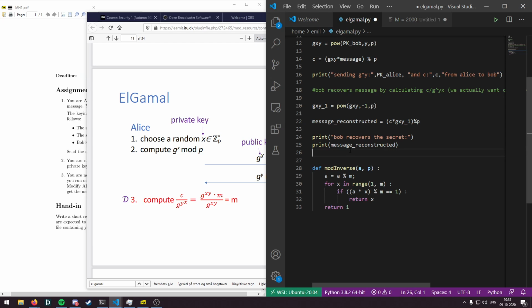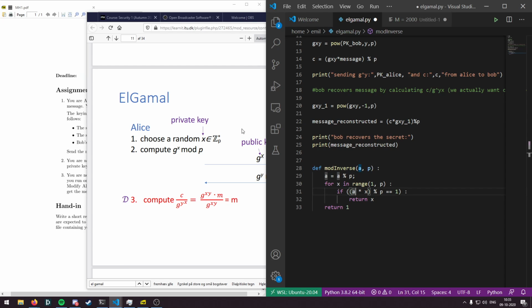So let's just change it. What is done here is that we make sure that we are not exceeding the group. So we take a modulo p in the beginning, and then we say from 1 up to p, if a times i is 1, we just basically brute force this. So this is a brute force.